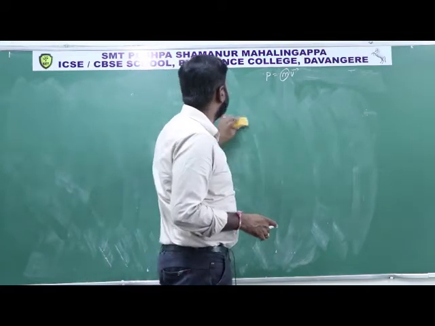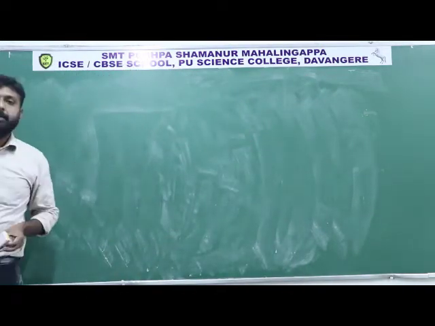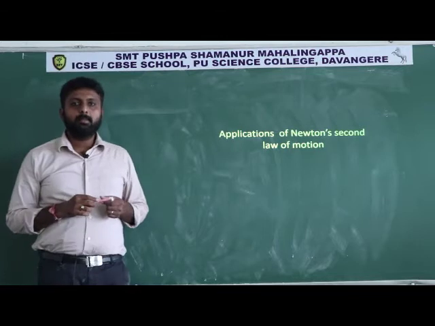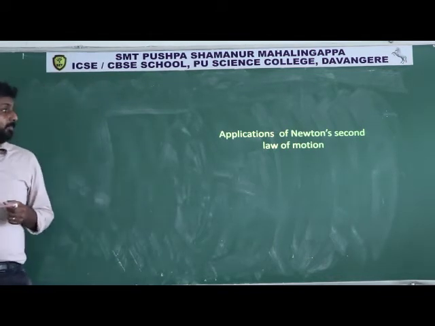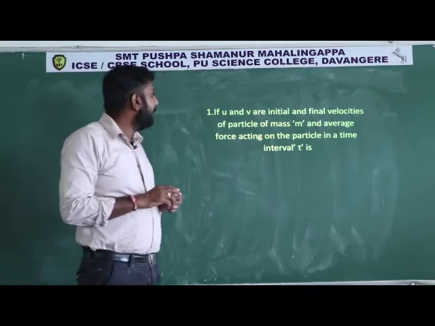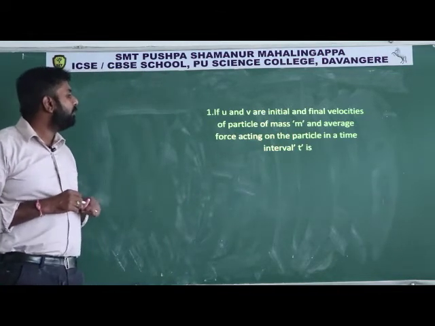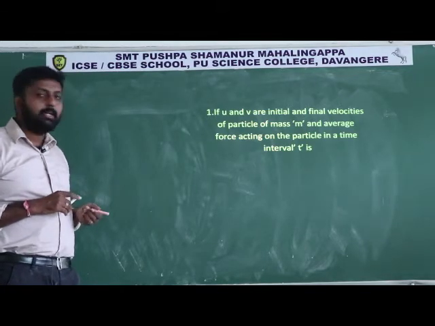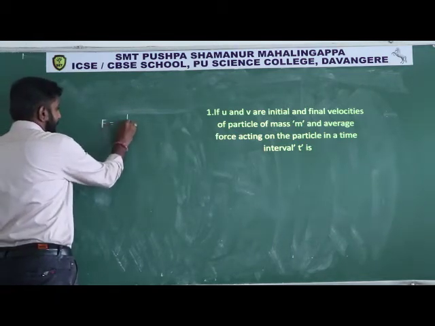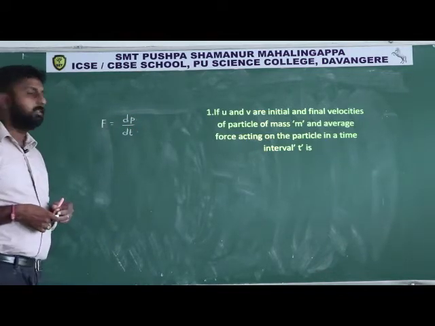Next, we will study some applications of this change in momentum or Newton's second law of motion. Now I will explain some applications. So first application: if u and v are initial and final velocities of a particle of mass m, and the average force acting on the particle in a time interval t is F, you can write F equals dp by dt according to Newton's second law of motion.